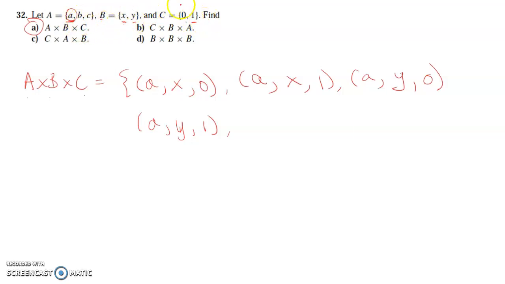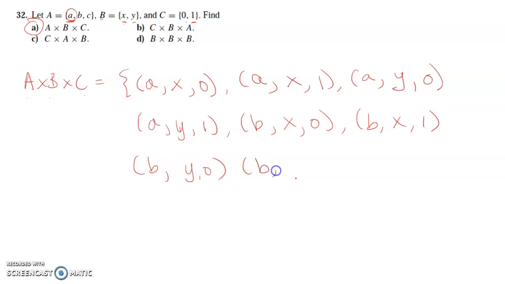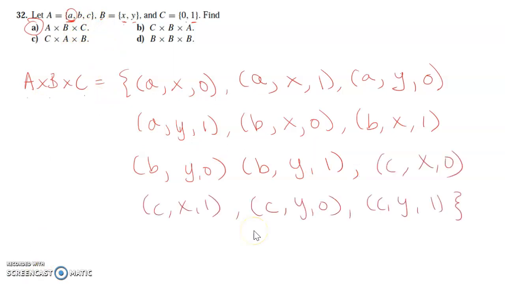Now I'm going to move on to B, and do the same thing all over. So B, comma, X, comma, 0; B, comma, X, comma, 1; B, comma, Y, comma, 0; B, comma, Y, comma, 1. And I'm just going to list out the last possible answers using C. And there we go.